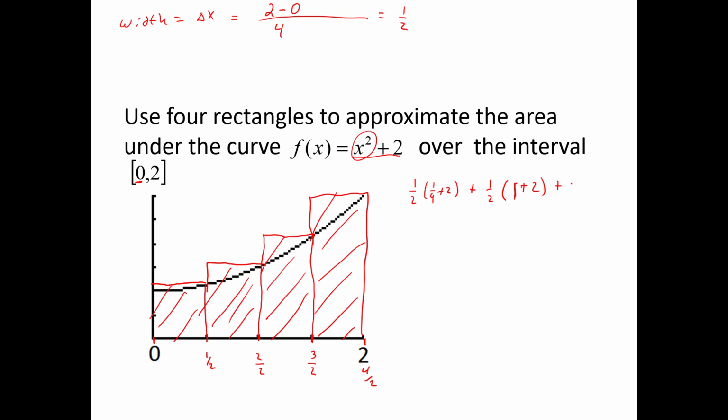Plus the third rectangle, the width is 1/2, and the height we get by putting the 3/2 into the formula. So you get 9/4 plus 2. And finally, the last one, the width is 1/2, and the height, you're going to put the 2 into the formula, so you will get 4 plus 2. So the height is 6.